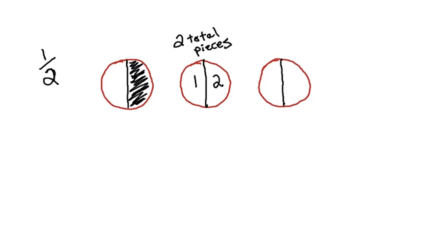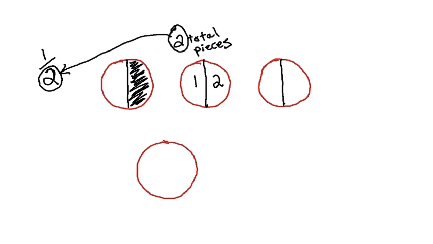Now, how do we know to divide this pizza into two total pieces? Because this 2 matches the bottom number in our fraction. Whatever the bottom number of our fraction is, that's how many pieces we divide the pizza into. Let's do this again.